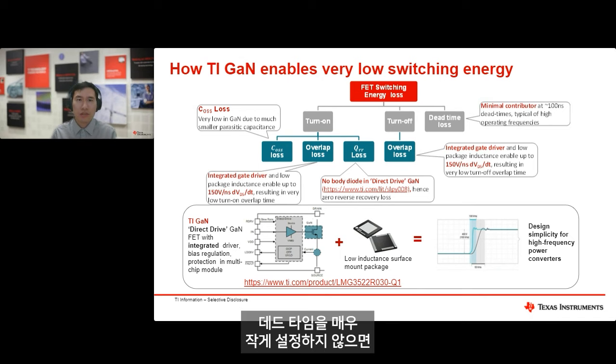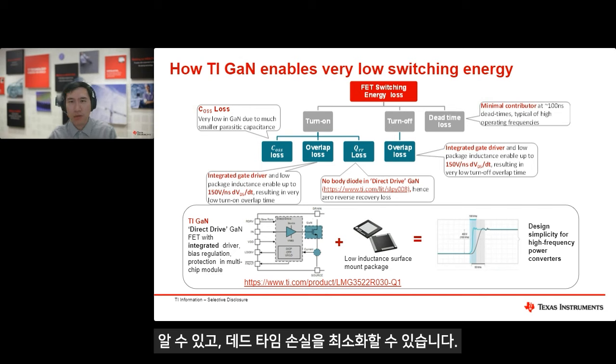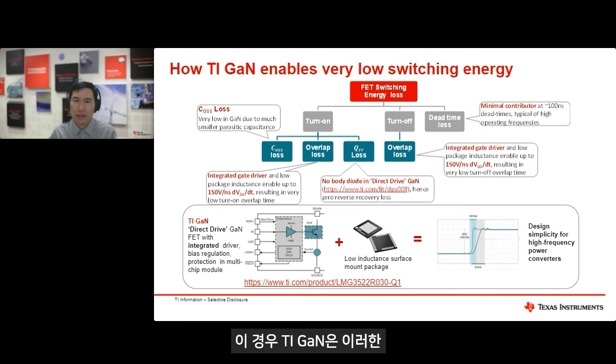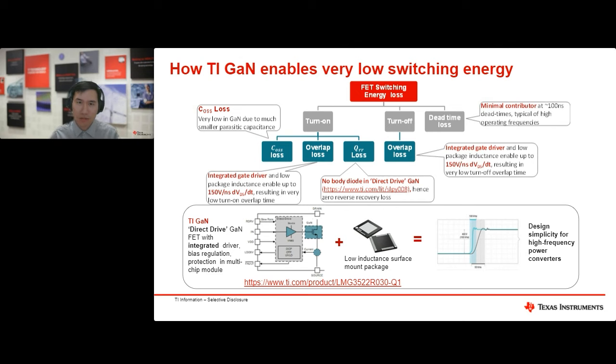So dead time loss can be large if you do not set the dead time very small. But with this fast switching capability, you can minimize your dead time loss. In that case, TI GaN can help you minimize all this switching loss, which will help you push your converter to the highest efficiency target you want.